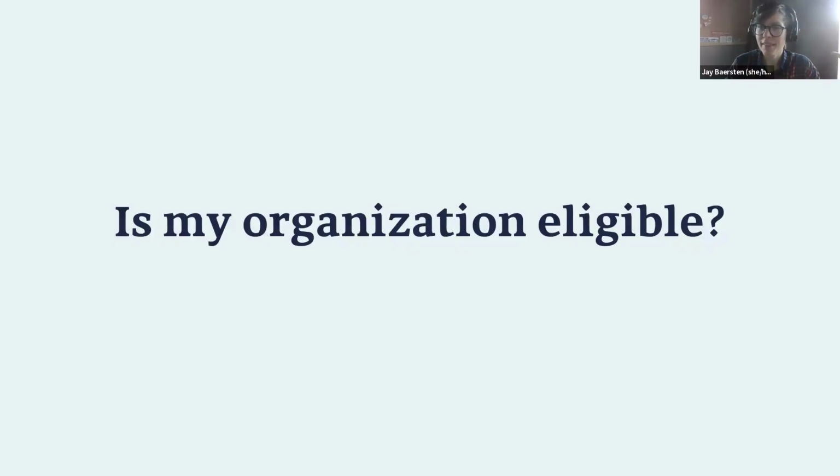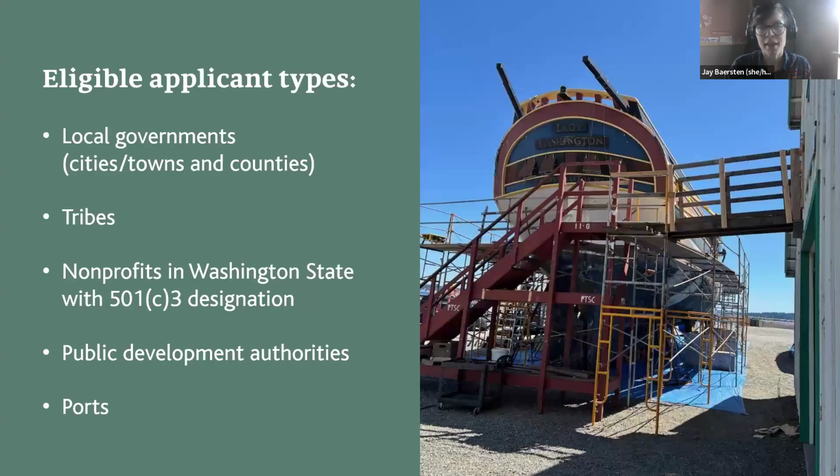All right. Well, we're going to dive right into the fundamentals of HCP to share that information with you and hopefully get you on your way to working through the eligibility review portion of the application. The first question: is my organization eligible? Here are the eligible applicant types that our program accepts.